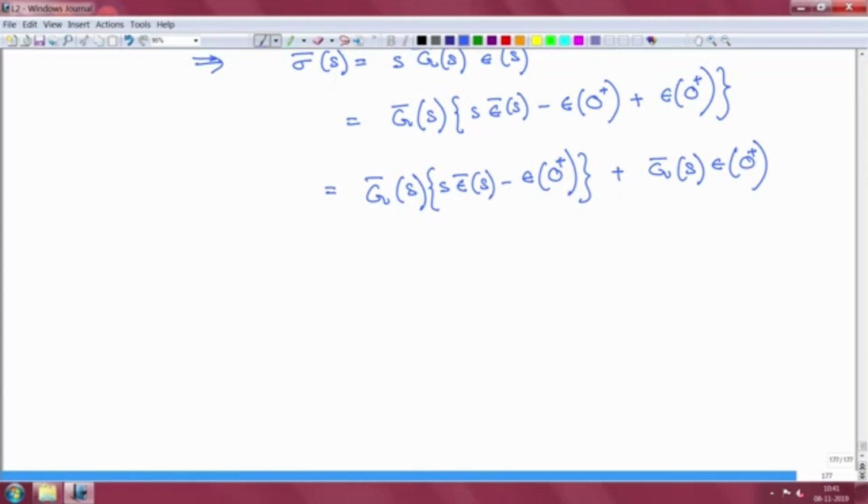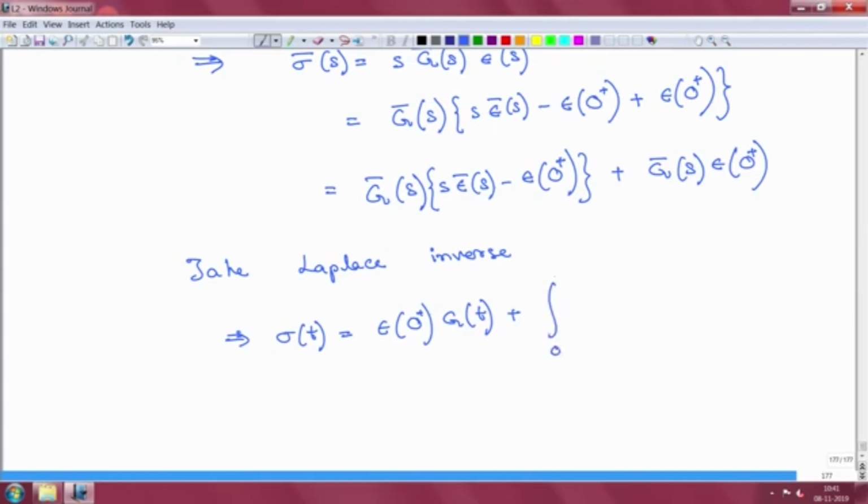Then we take the Laplace inverse, and you will end up with sigma t is equal to the following.